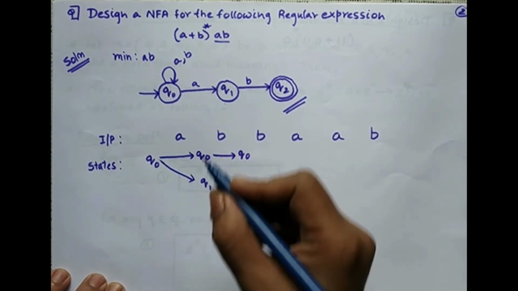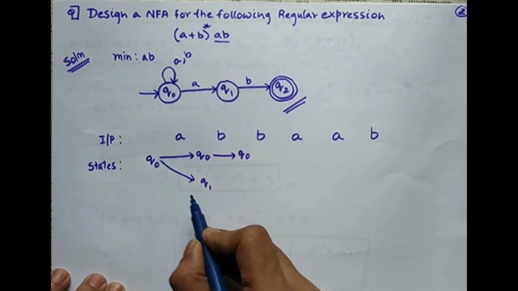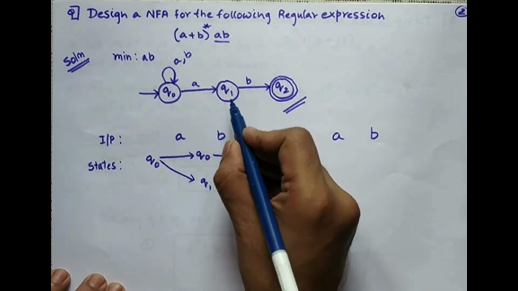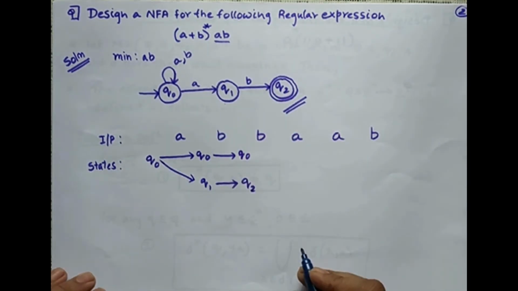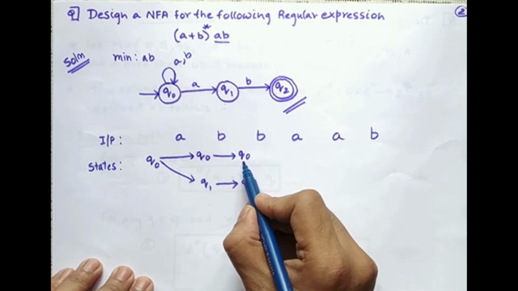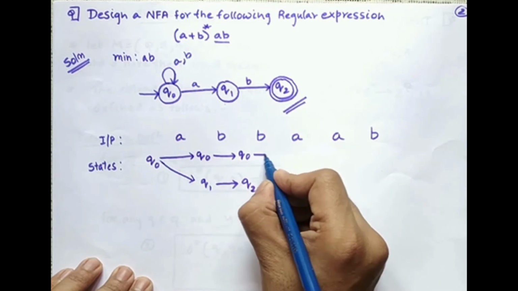But suppose on reading A from Q0, it had gone to Q1, then from Q1 on reading B it would have gone to Q2. Now suppose we are in Q0. Then in Q0, if B is encountered, you remain in Q0 itself.